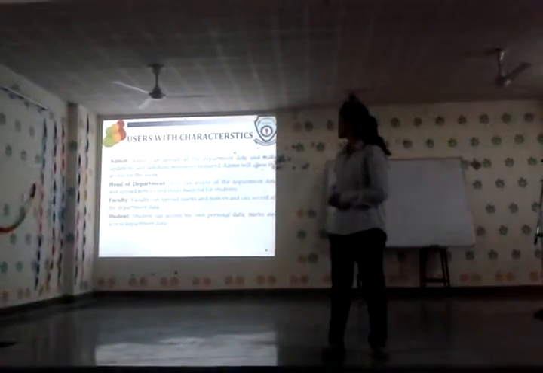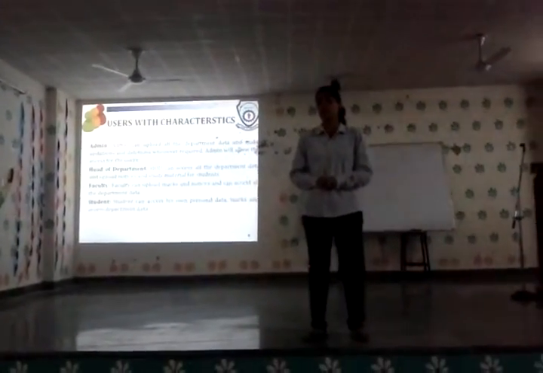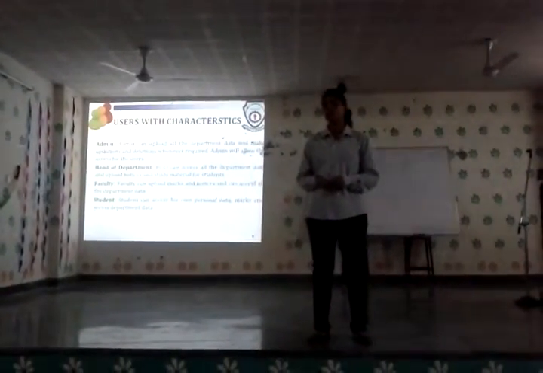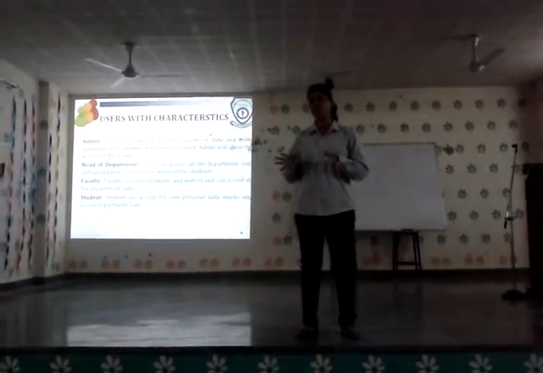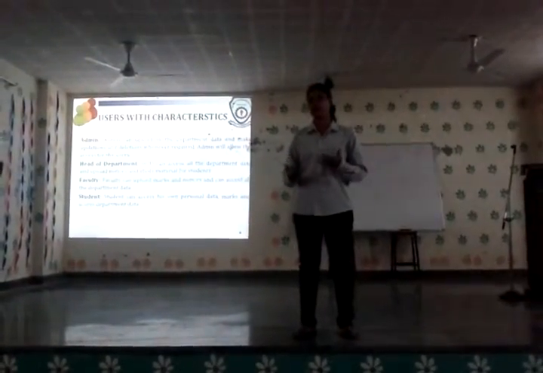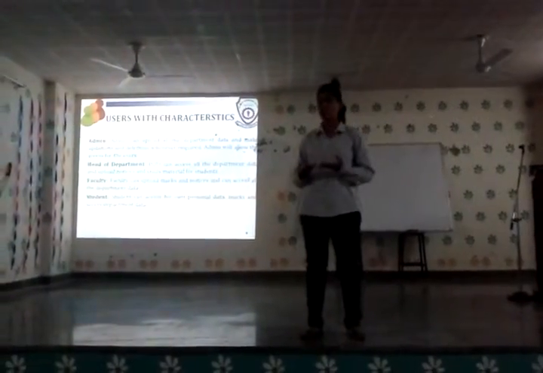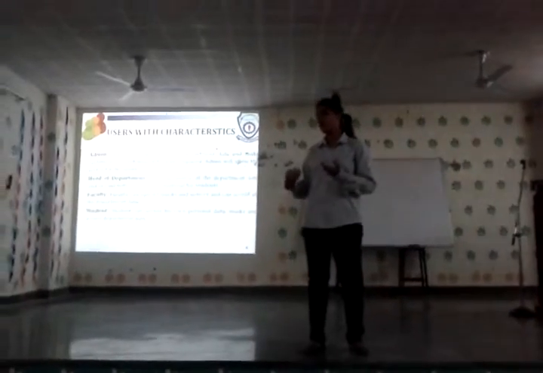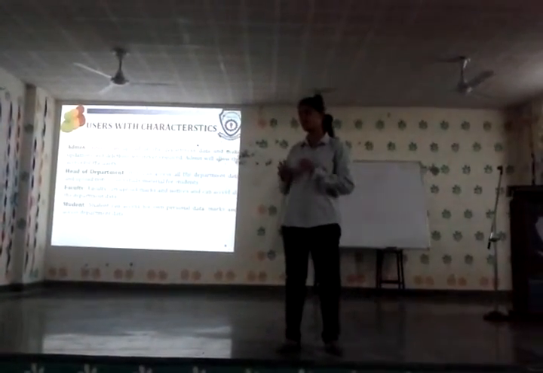Here, users with their characteristics. There are three users in our college: admin, second the HOD, and third the student. Admin is the main authority of this college, like our principal, so he is able to upload, download or delete any type of information which we have added or stored.